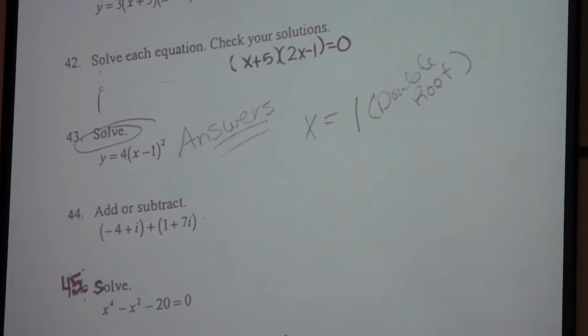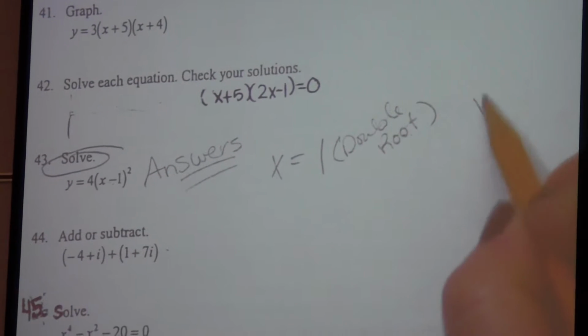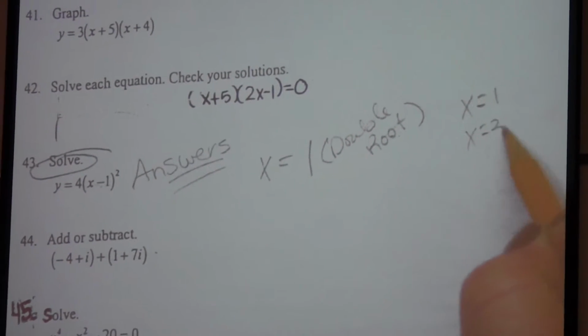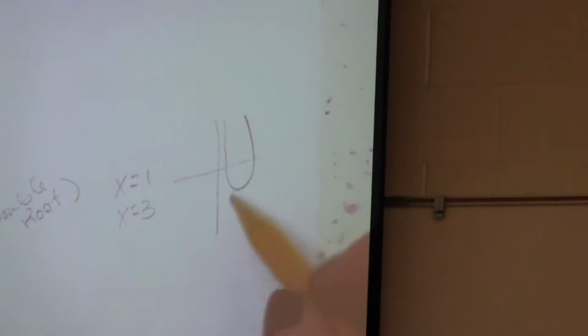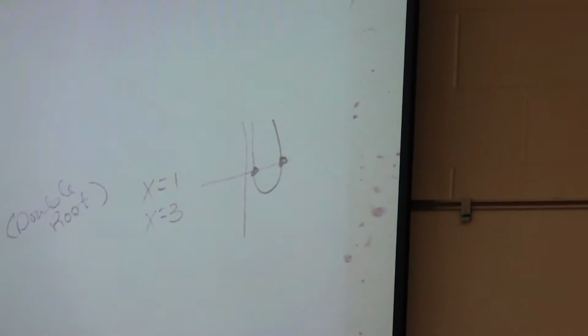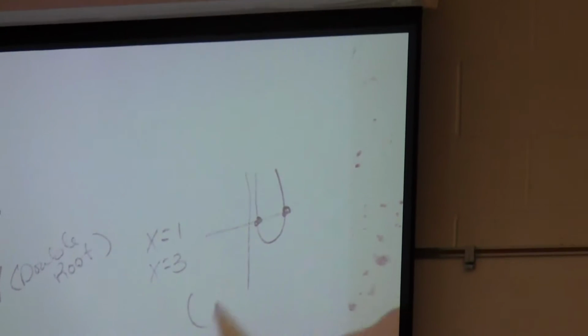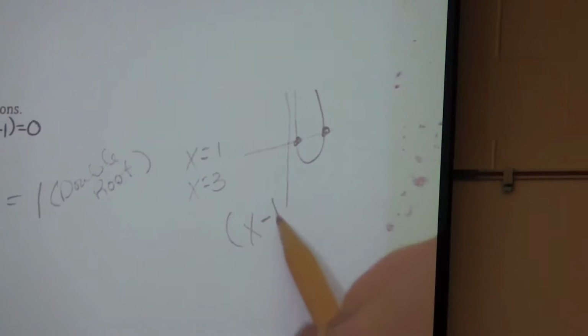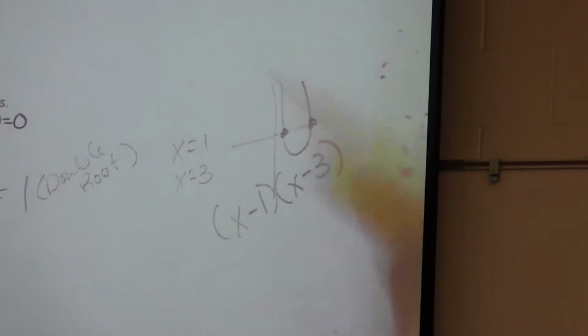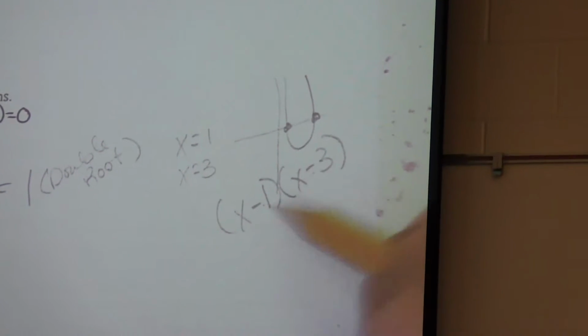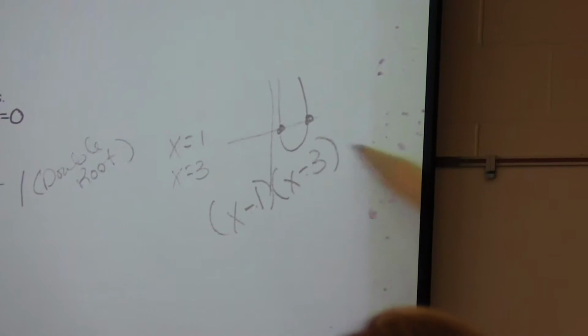at 1. But remember, when we had things like x equals 1 and x equals 3, or we had a problem where it crossed over here at 1 and 3, we could work backwards and we put those in parentheses and we said, well, that's x minus 1 and x minus 3, correct? So when it says solve and they give us something like this, we don't have to do all that work.